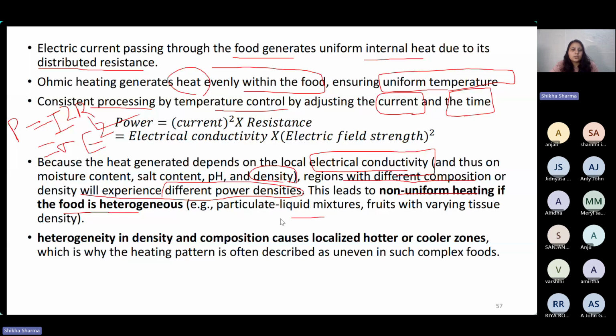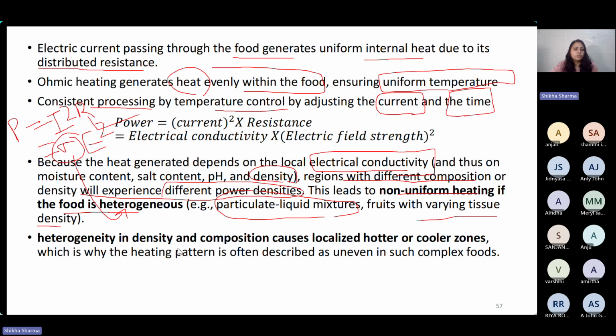For example, if a particulate liquid mixture is there, or food with varying tissue density. So if the local density is different, the power density will be different because it depends on the electrical conductivity, which depends on the different heterogeneous zones of the food.